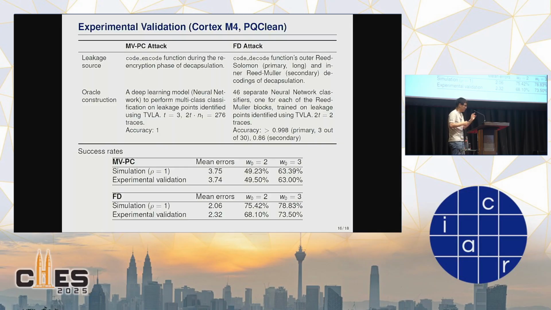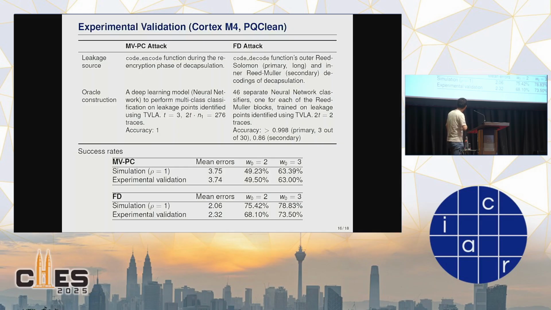So we just took leakage from 3 iterations, and we can have a very good, near perfect success rate for recovering 45 blocks. We cannot use this leakage to recover the first block, but we can use the secondary leakage to recover the first block. It's slightly worse, but still quite usable.